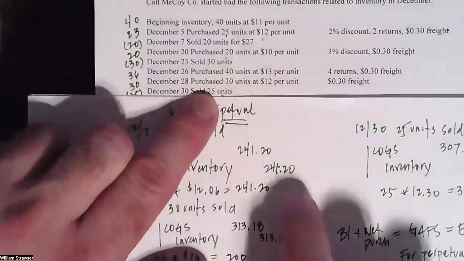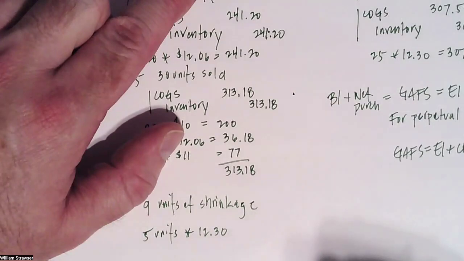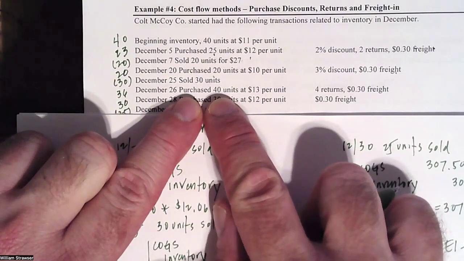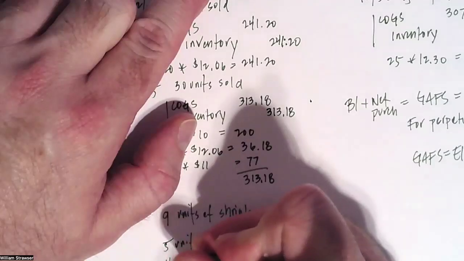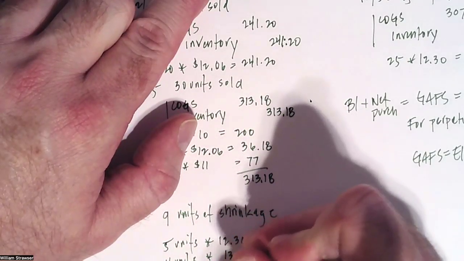So I'm going to put those 5 at this price point, which is 12.30. And then I need 4 more. Well, where am I going to grab the 4 more from? LIFO still, so go back to the next most recent purchase, grab the 4 from that. And that layer had a per unit price of $13.30.